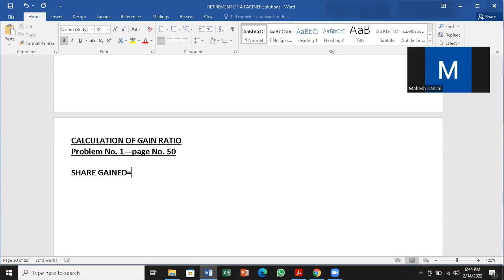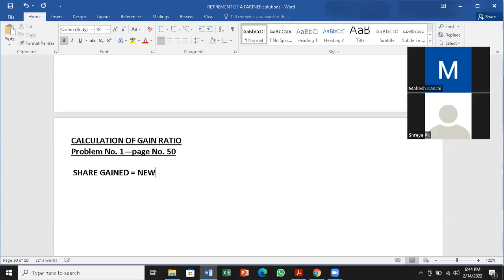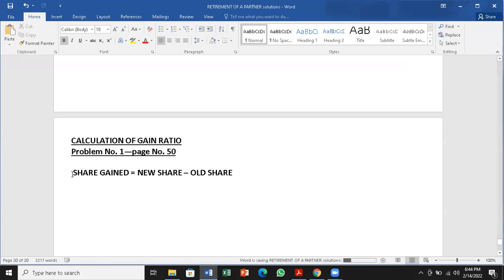Share gained is equal to new share minus old share. This is the formula.